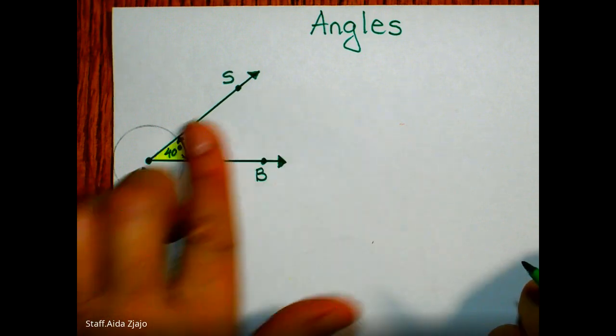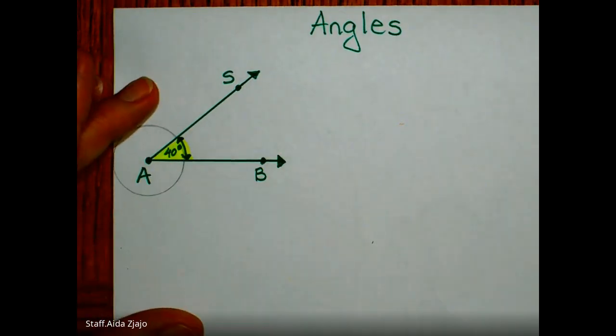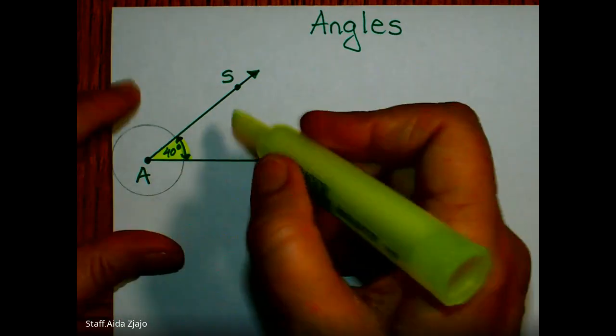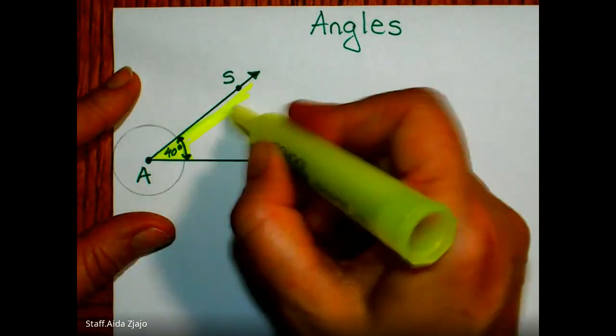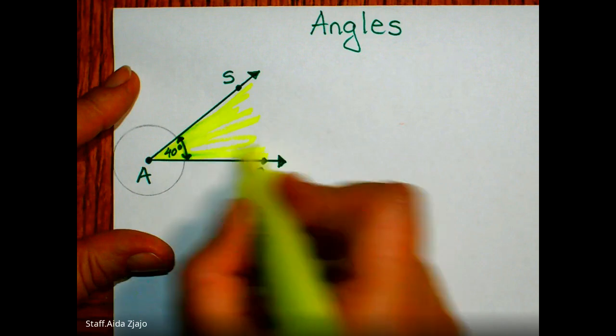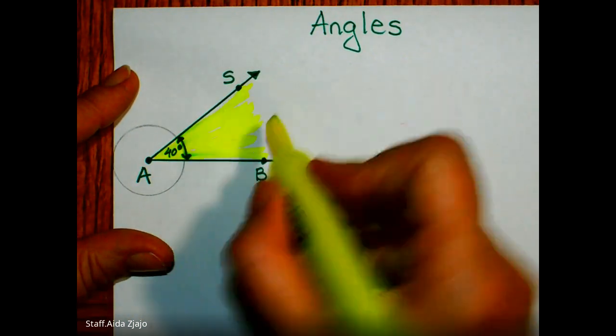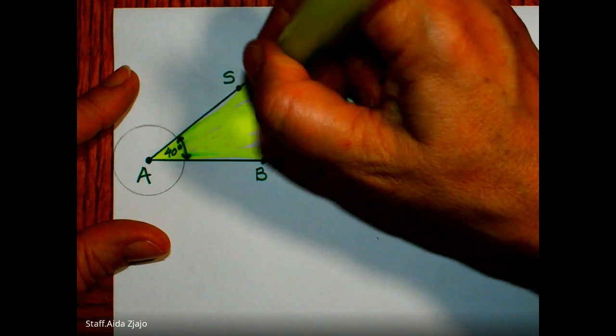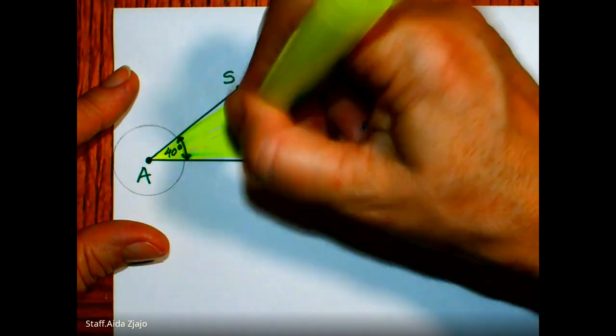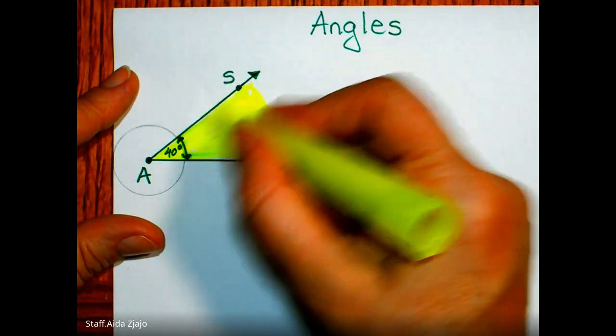I could color all of it, because the angle is all of this. It goes forever and ever, as far as these arrows go. So that is my acute angle.